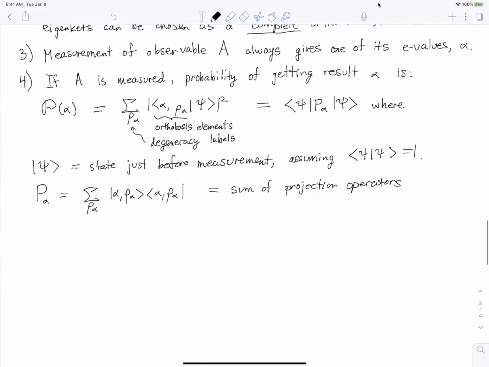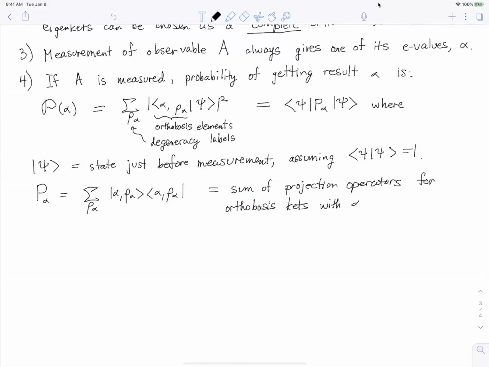If you don't happen to have a degeneracy, then it's just a projection operator because there's only one state there. But it's the sum of projection operators for the orthobasis kets with eigenvalue alpha, however many of them there are.